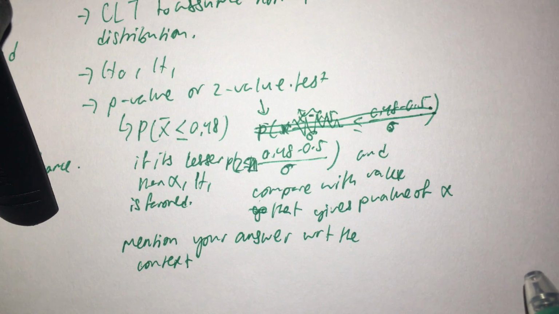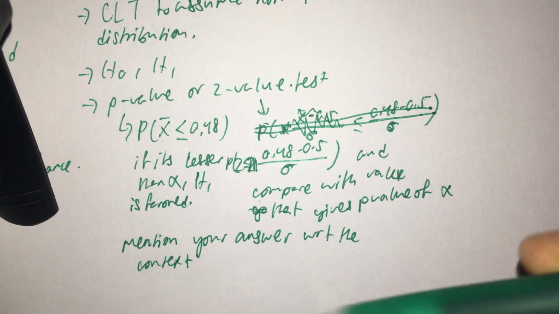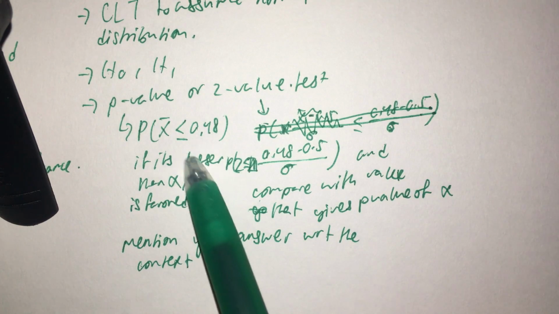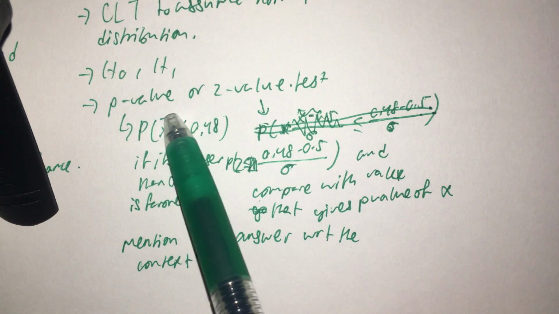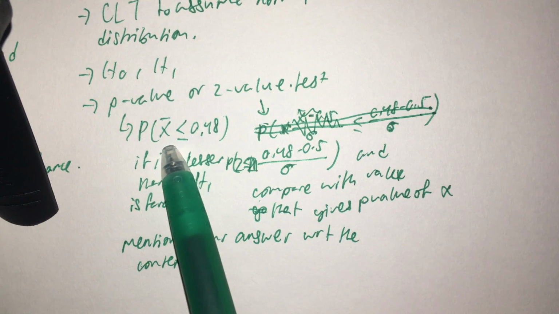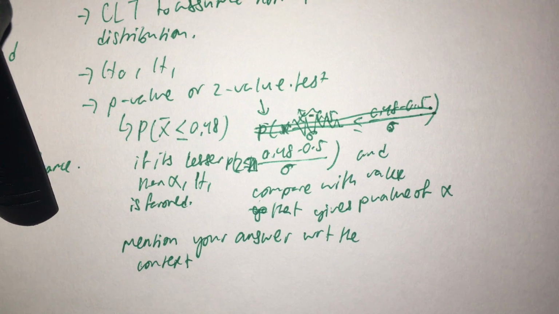The p-value is the probability of, in this scenario, all of the measurements under or equal to 0.48. By all of the measurements, I mean x, for example, just x. Because you're looking at the x bar, because it's sampling, and the mean of x bar is 0.5 in our ideal normal distribution curve.